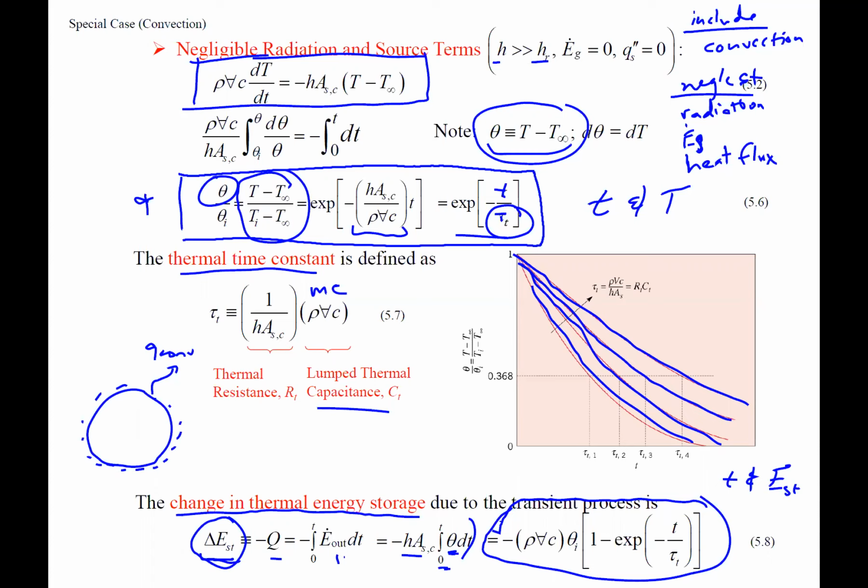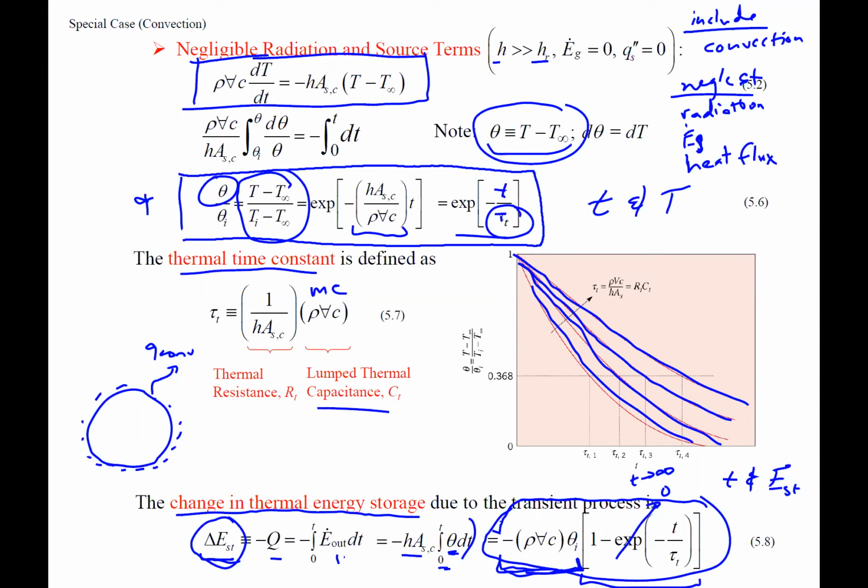Okay, so if you look at this equation, again, we can see this part is just from 0 to 1. And this part is actually just the total energy that could possibly be stored. As t goes to infinity, this goes to 0. So as we go to steady state, we're just left with energy stored equal to this term.